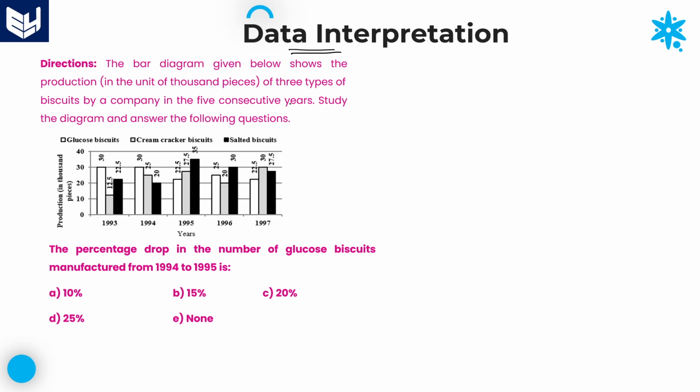Here also, in this bar graph data interpretation, the information is provided in the diagram, that is, bars. Here also, first we need to read the information carefully and then solve the questions according to the information.